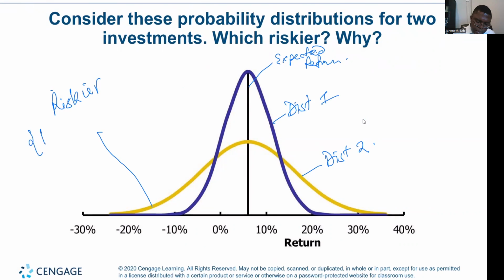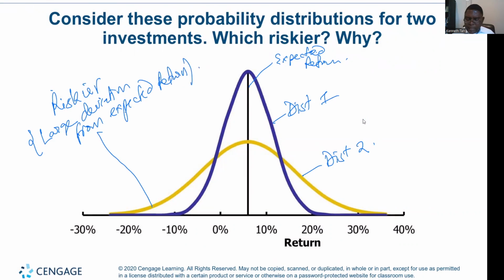The reason is that we can see it has a large deviation from the expected return. This is the expected return.